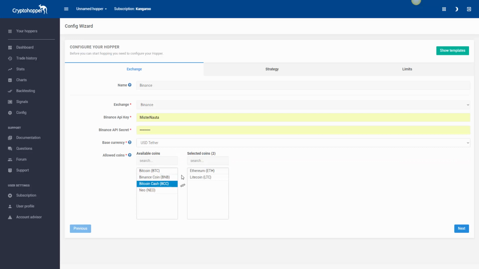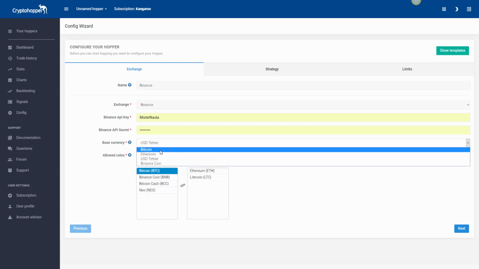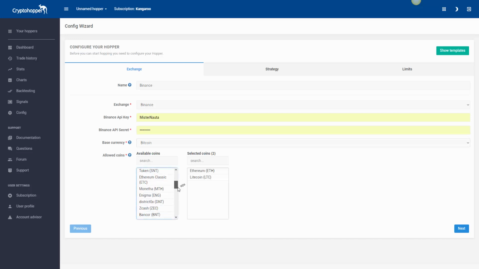And here I can choose the coins that I'm going to use. I have two coins already selected, Ethereum and Litecoin, and four other options. That's because I choose base currency USD Tether. If I choose Bitcoin, the selection is widely more. So, of course, it's easier to trade with Bitcoin, but I will start with USDT just to show you the settings, okay?